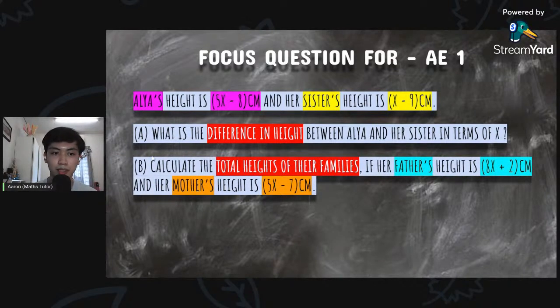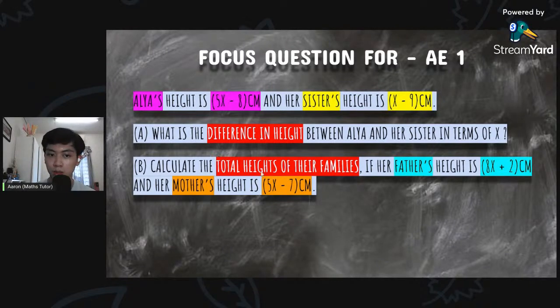Then B, calculate the total heights of their families, jumlah ketinggian dalam keluarga mereka, if her father's height is 8x plus 2 cm and her mother's height is 5x minus 7. It clearly states her father's and her mother's heights here.